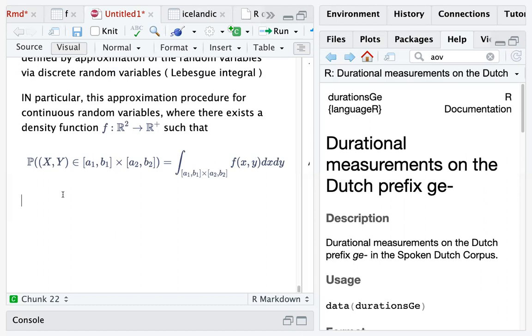When this happens, the distribution of x and y is said to be continuous.